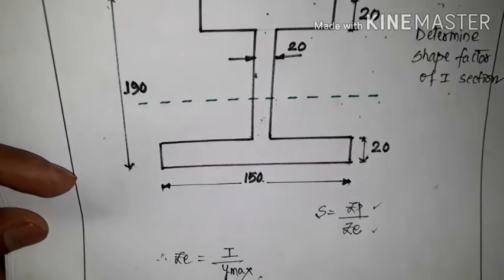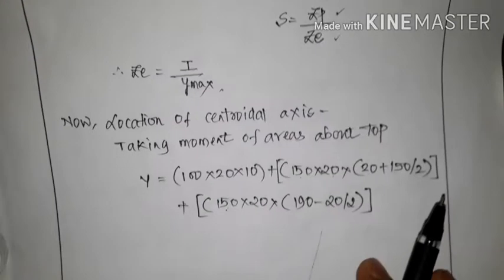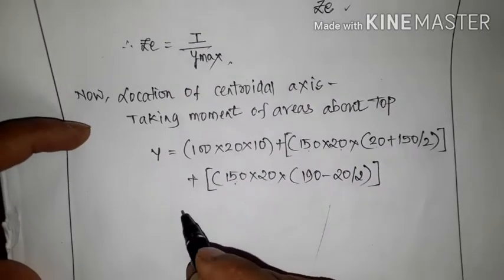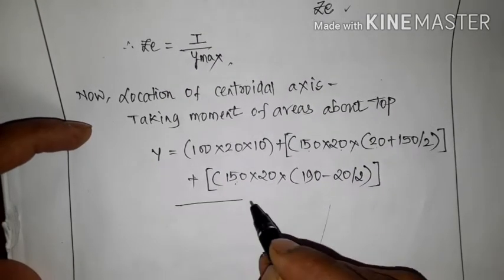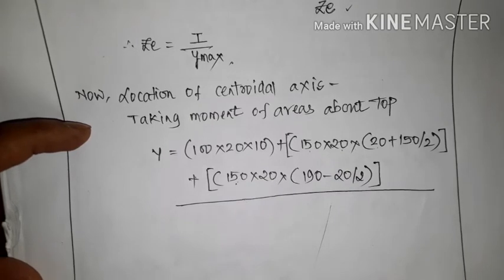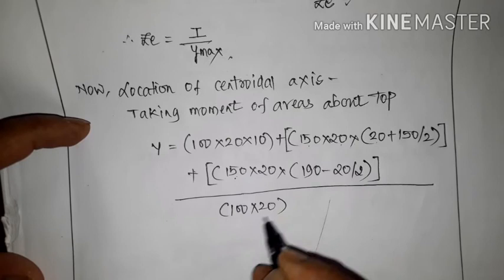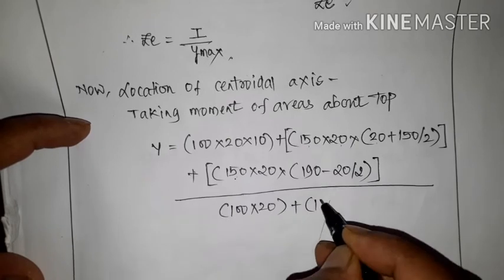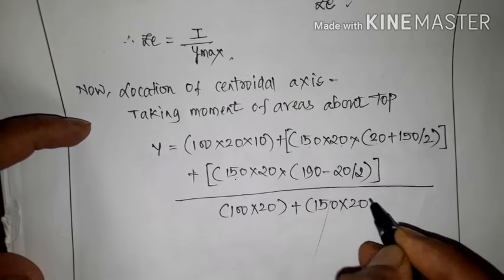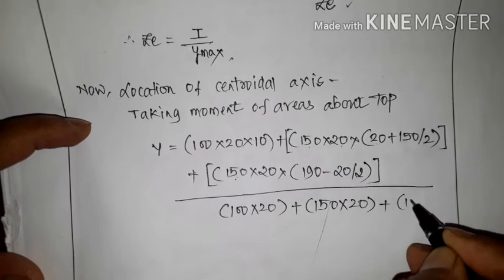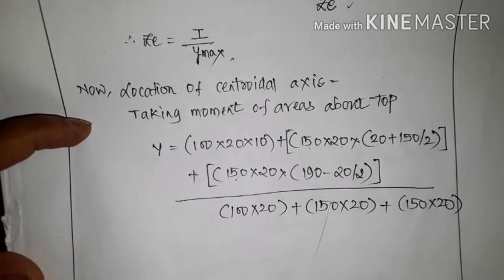Understood. Therefore this is again divided by the summation of area: 100 into 20 for the top flange, 150 into 20 for the web, and again 150 into 20 for the bottom flange.